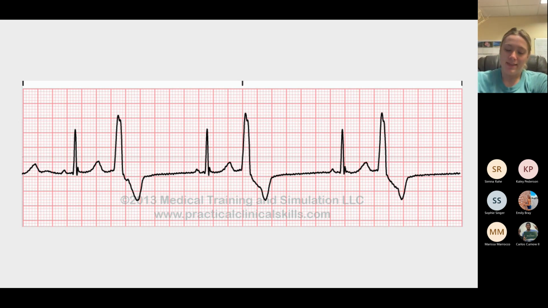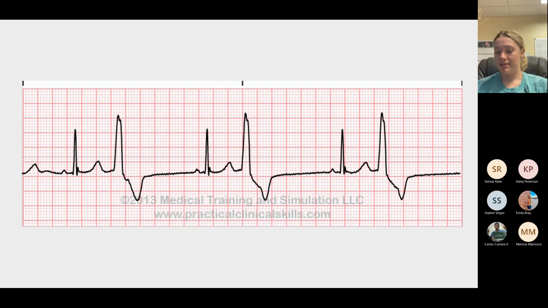So what do we think this fun friend is? Yes, there are PVCs. How would we classify this though? The PVC, but what would I say? If I saw this on the monitor and I was going to do an SBAR with my provider, what would my assessment be?